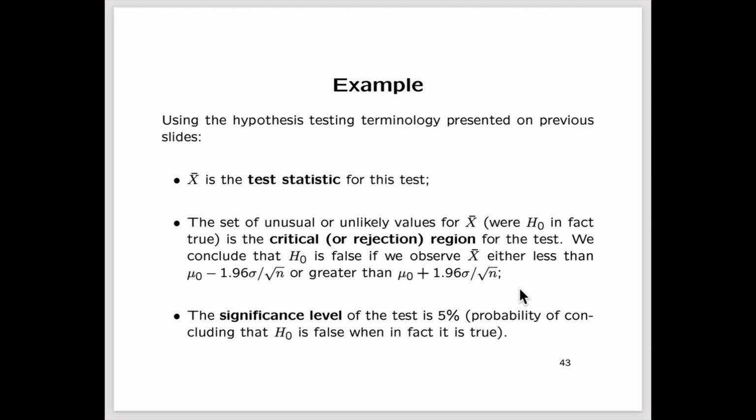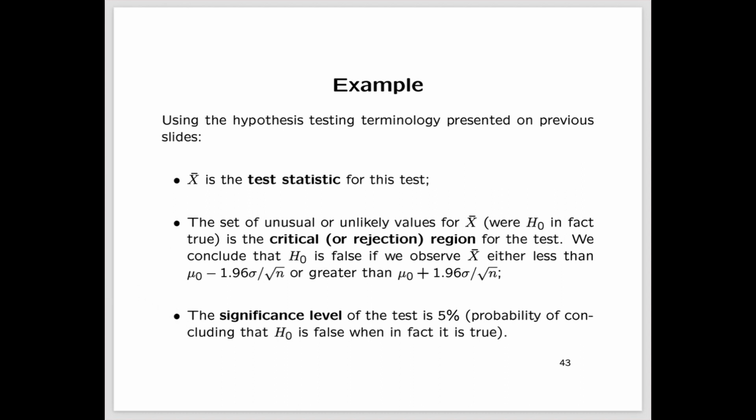In other words, that 5% or 0.05 corresponds to the probability of concluding that the null hypothesis is false when in fact it's true. Like we said on the previous slide, that 5% corresponds to the significance level of the test.